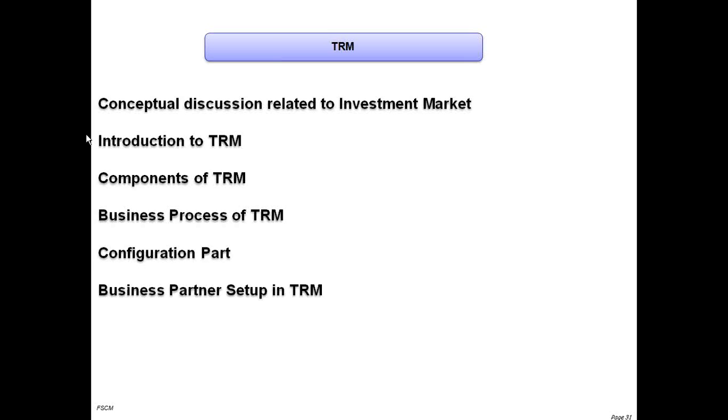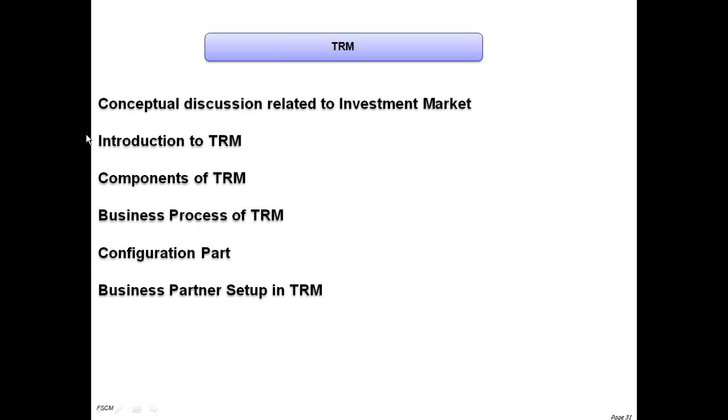The next one is business partner setup. I tried to give a bit more information on business partners in the collection management system, but in the treasury management system you can also maintain a business partner. What is the relationship in between? In the treasury management system, you can define a business partner like a person, an organization, or a syndicate. Syndicate in the sense of a group.